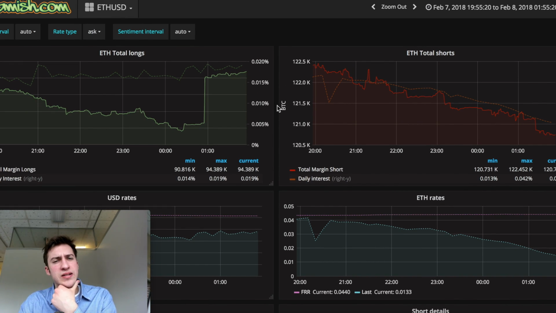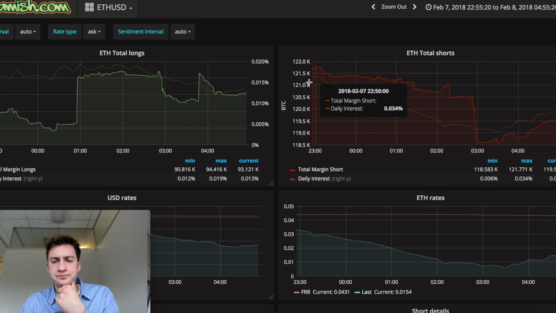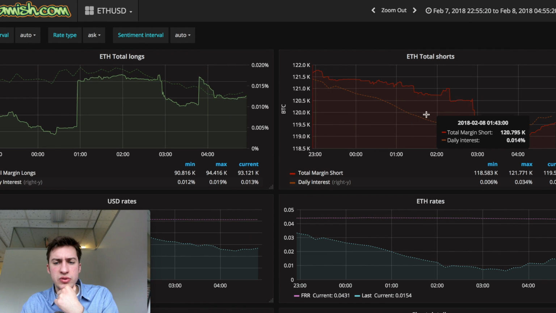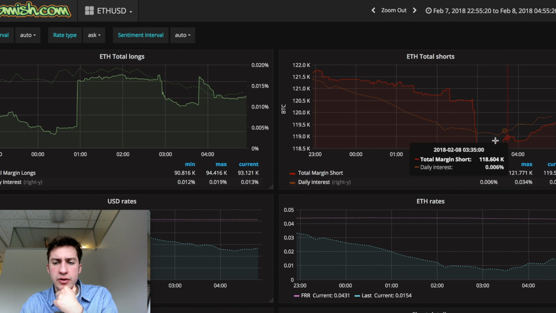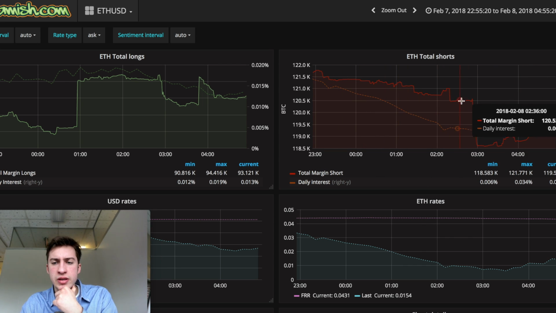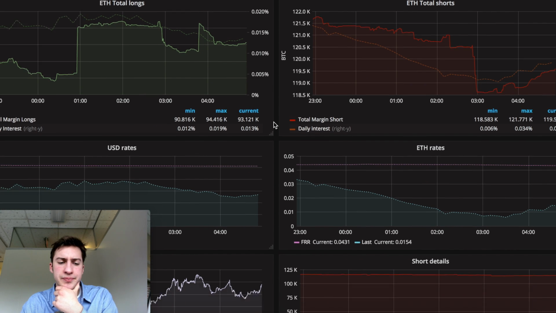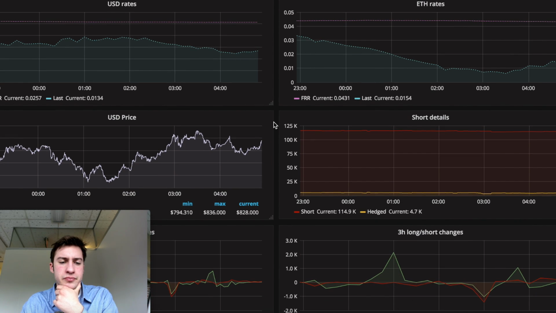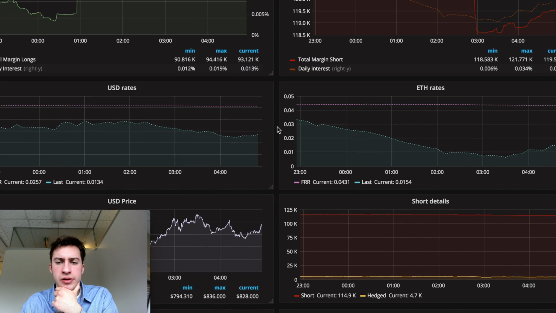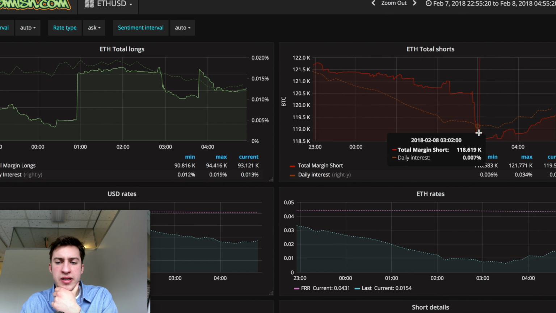What do we expect to happen here? Well, let's go forward. Interest rate just continues to fall until about here. The interest rate begins to increase, especially after that rapid fall off in shorts. So what's happening here? Well, what happened was price went down, as you can see here, as many of these shorts exited, and the interest rate continued to fall.